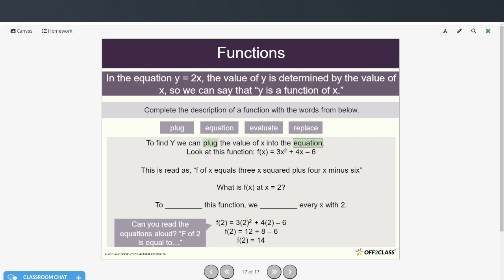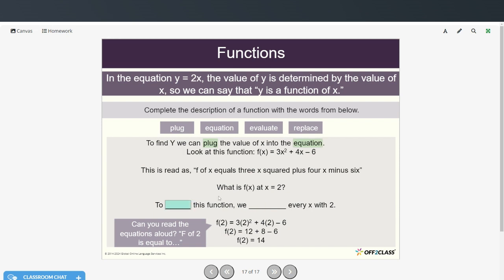So look at this function. The function f of x equals 3x squared plus 4x minus 6. And this is read as f of x equals 3x squared plus 4x minus 6. So what is f of x if x equals 2?